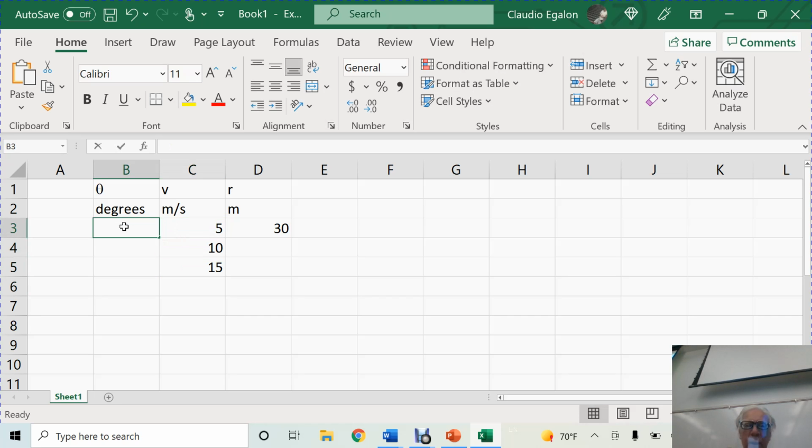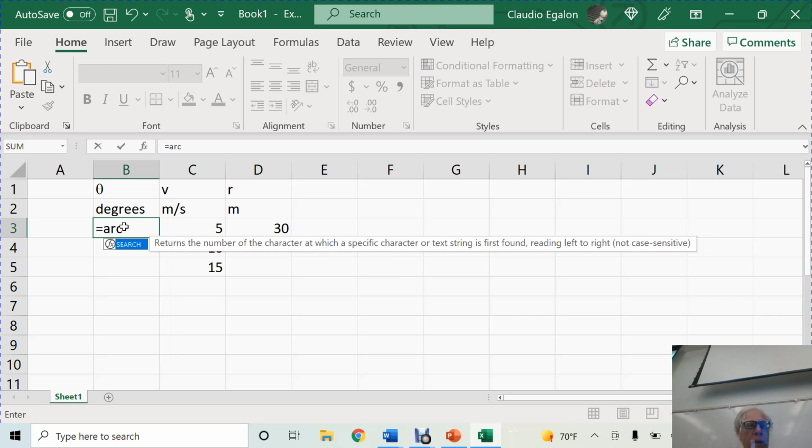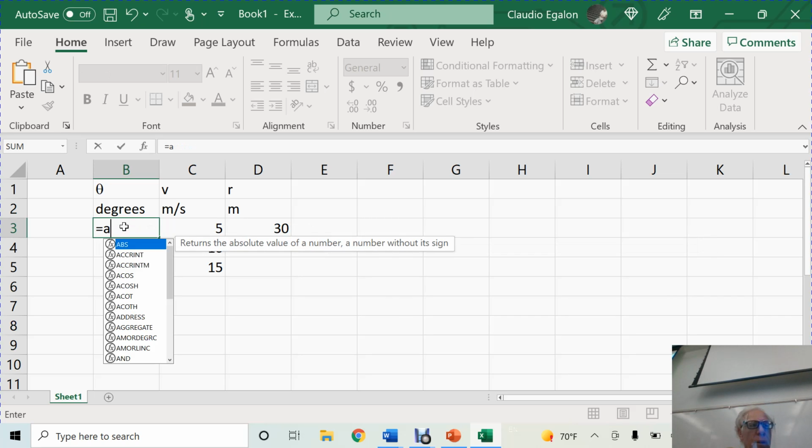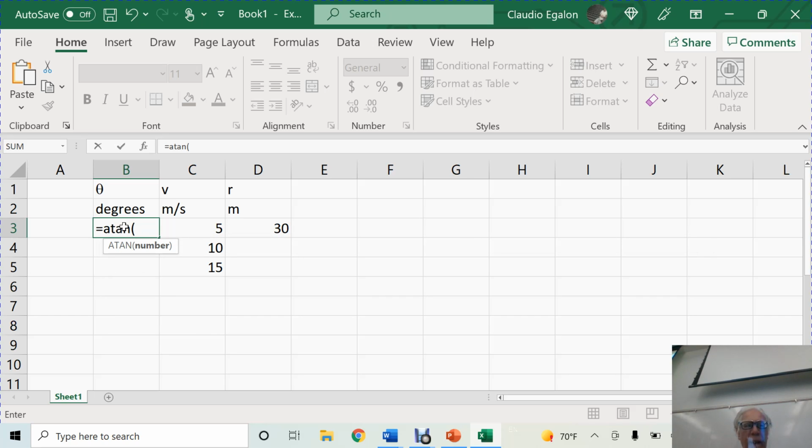And then this one here is going to be arctangent. Gotta watch for that. Arctangent of what? It's V squared over what? Do you remember? R times G, 9.8.